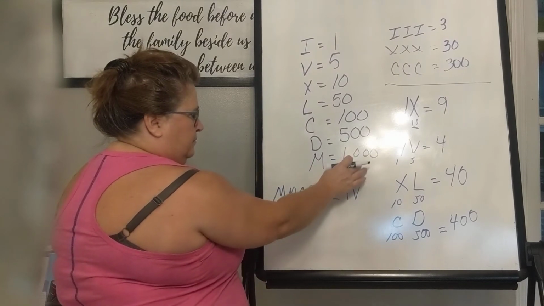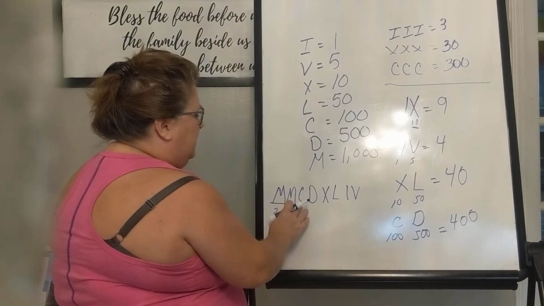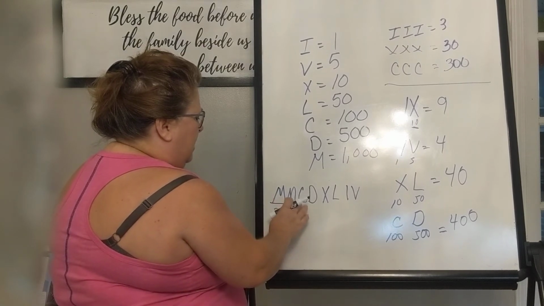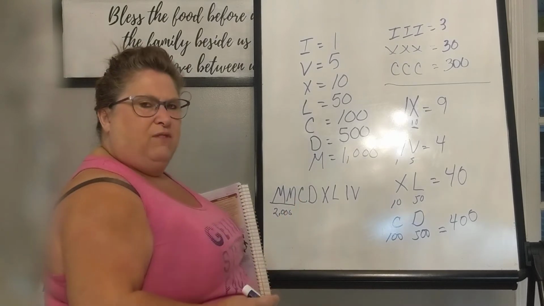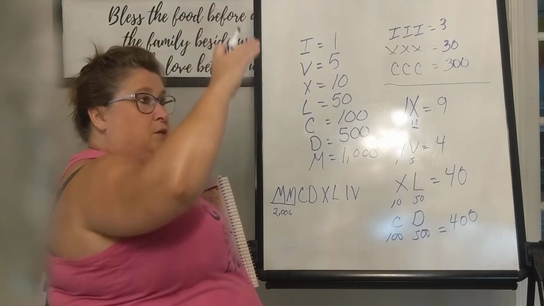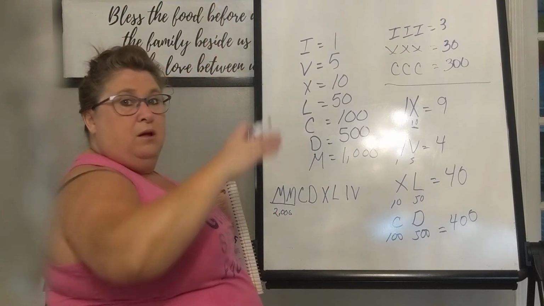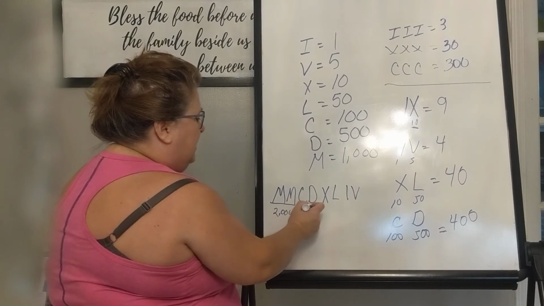M's are 2,000. So we have 2,000 right there. Then we have a C and a D. We went from C, which is 100, to D, which is 500. And it's not going to work because we went from bigger to lower, back up to bigger. We can't do that. So we know that CD has to be together.